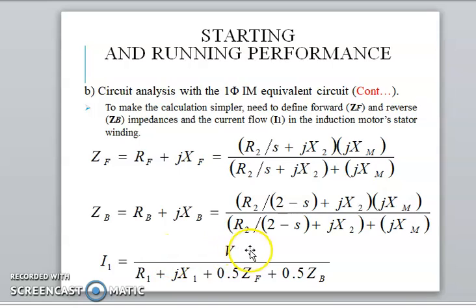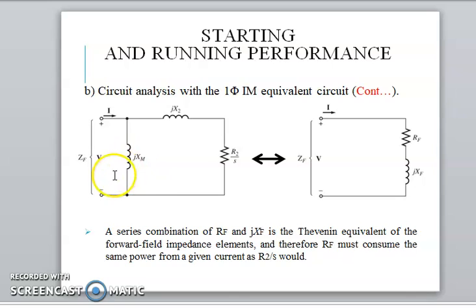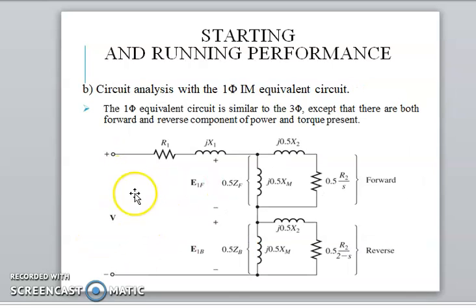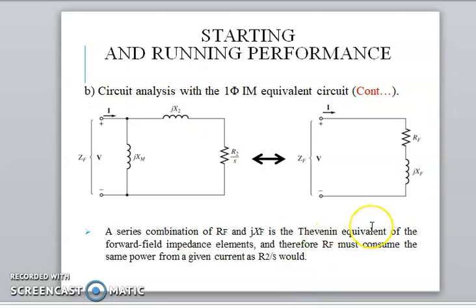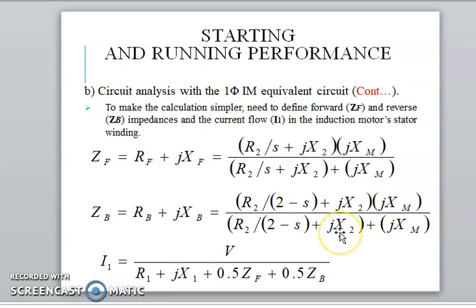I is equal to V over impedance, where V is the voltage across the whole circuit, divided by the total impedance of forward and reverse combined: R1 plus jX1 plus the Thevenin equivalent impedance of the forward and reverse elements. And so you shall have your stator current.